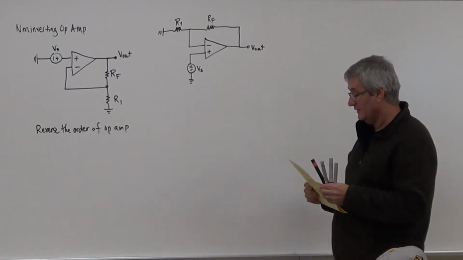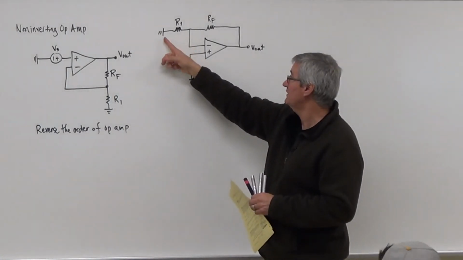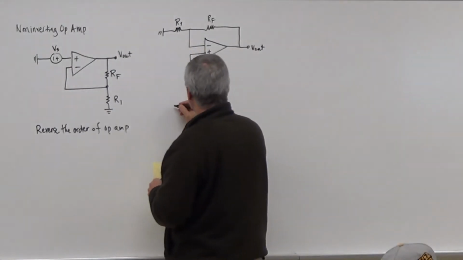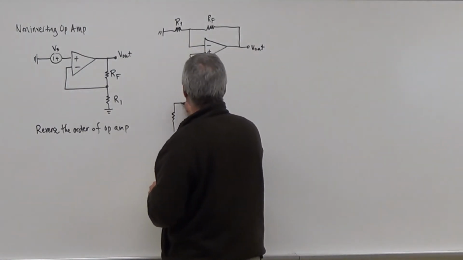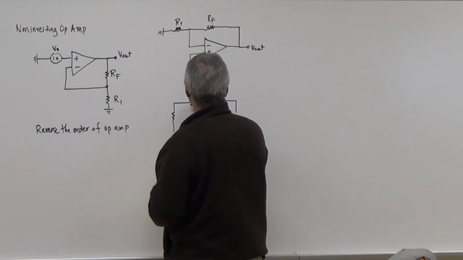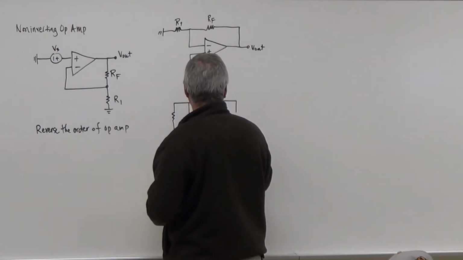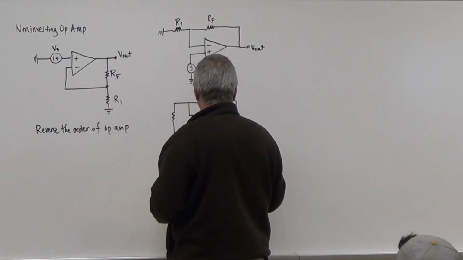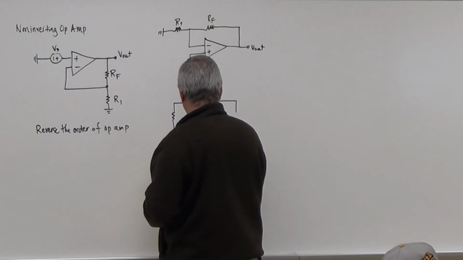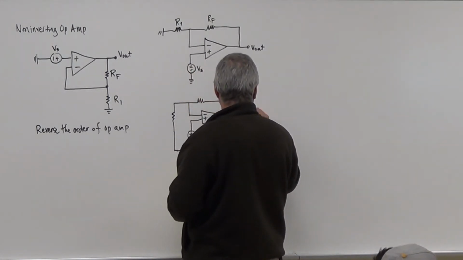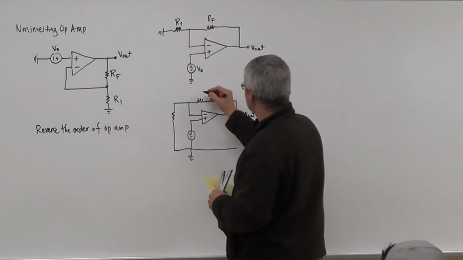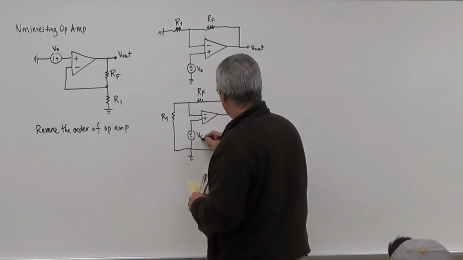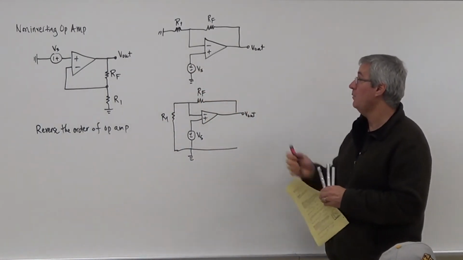Note that that ground and that ground must be the same, so I could also have drawn it this way, and that would have been totally fine. If you find this easier, I suggest that you draw it that way. It looks exactly the same. I would have probably drawn it this way.